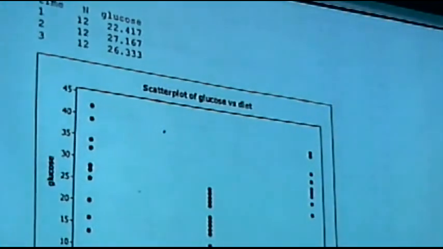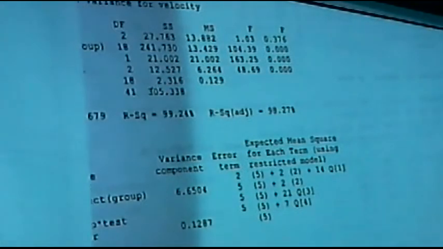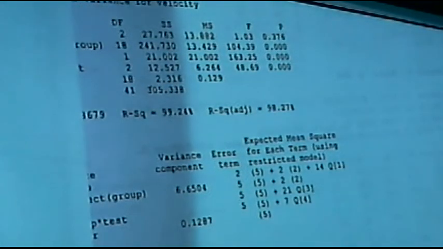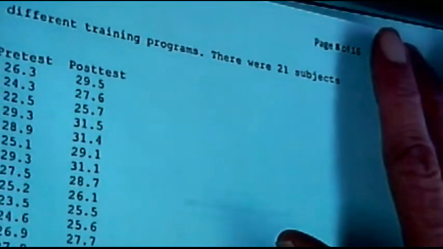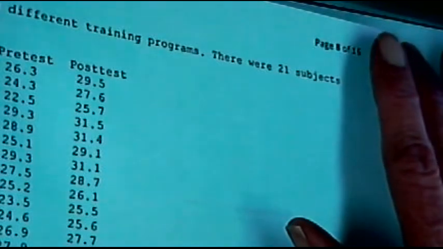Okay, so at the bottom of page 7, it says an important situation, and it's followed with an example of this important situation.